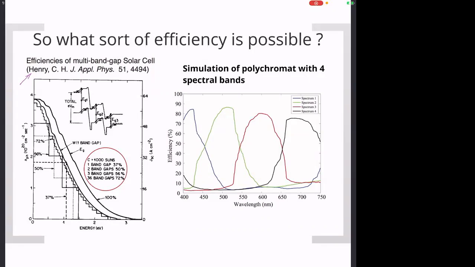From his model, he was agnostic to the mechanism, but the idea was if you were able to essentially separate the solar spectrum into little chunks, what is the best you can get in terms of efficiency? It turns out it is quite high.